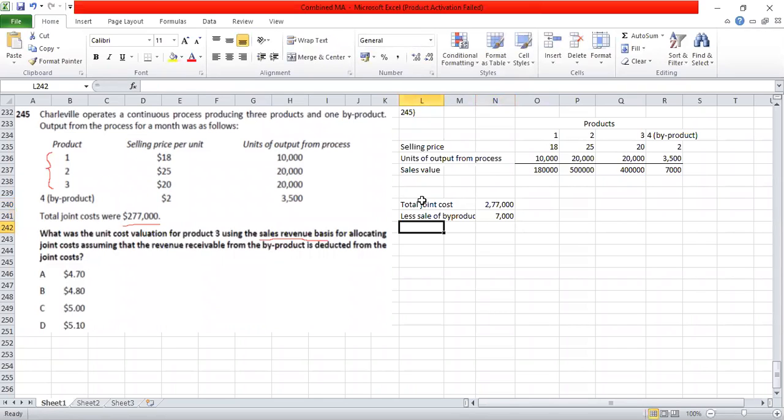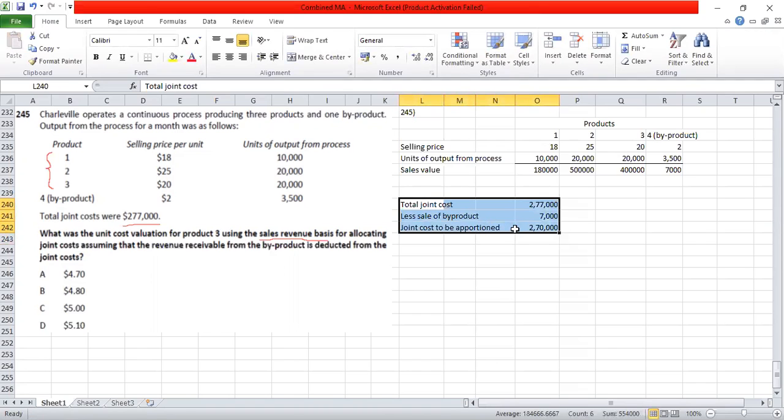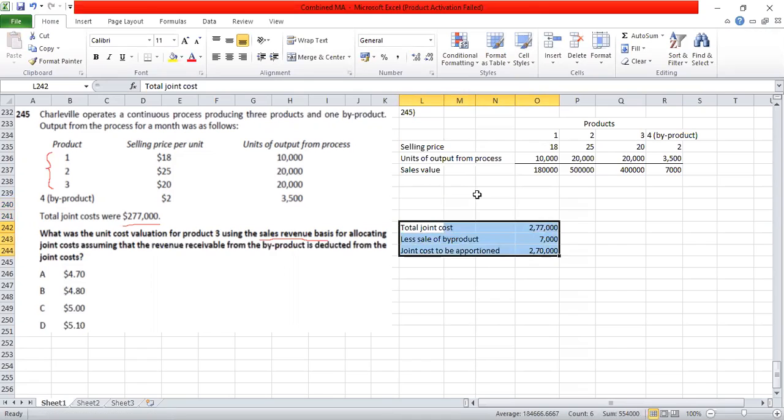So what's the total joint cost to be apportioned? We have just 270,000. So this 270,000 has to be apportioned to the 3 main products.